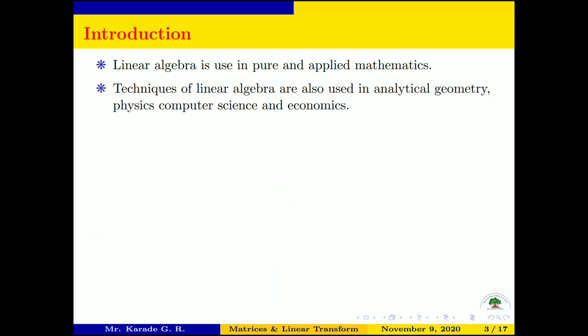And techniques of linear algebra are also used in analytical geometry, physics, computer science, and economics.